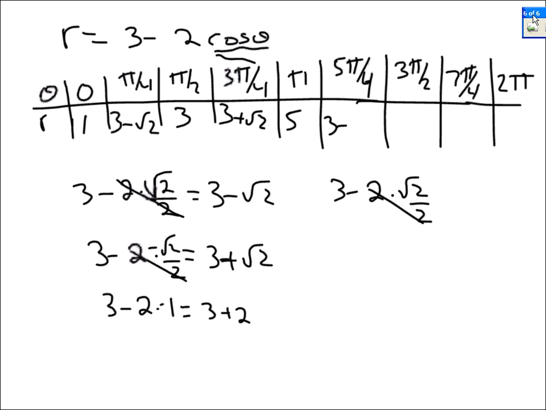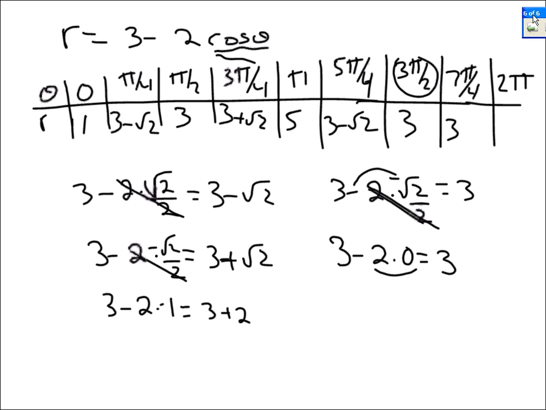So you get 3 plus the square root of 2. 3 minus 2 times the cosine of 3 pi over 2, which is 0. 3 minus 0 is 3. 7 pi over 4, the cosine of that is positive square root of 2 over 2. So the 2's cancel, and you get 3 minus the square root of 2. And the cosine of 2 pi is 1. 3 minus 2 is 1, just like you should get when it's 0.